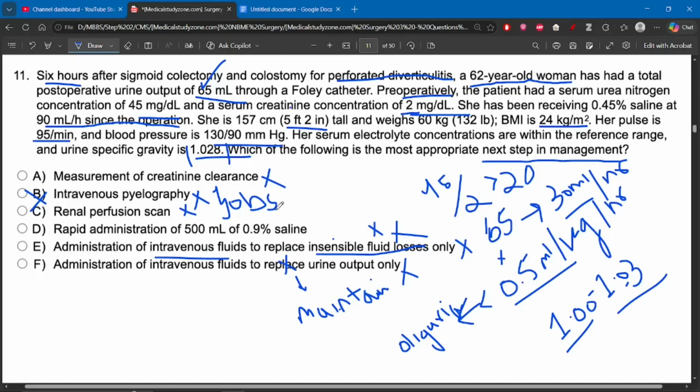And second, urine output doesn't really show the clear picture of how much fluid is depleted in the body. This just gives us a sign that the fluid is depleted. So we can never practically just replace the urine output only. We have to maintain it to a normal level to understand that now the body has normal intravascular volume and now it's producing normal urine. That's the concept. This is the correct answer, D.